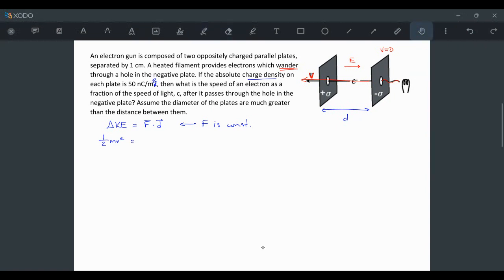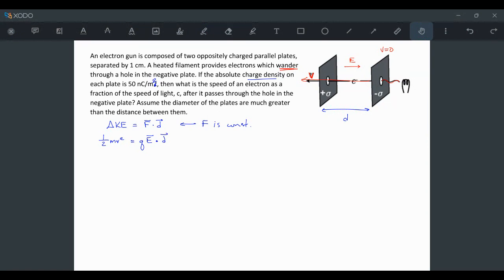Okay, so F D is akin to saying q E, right? If there's an electric field, the force felt is the charge times the electric field, dotted with D. I've been extra careful to write down the vector signs and the dot product, and I'm going to stop doing that.